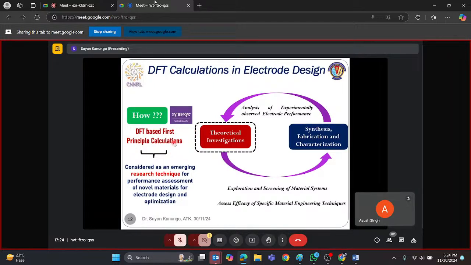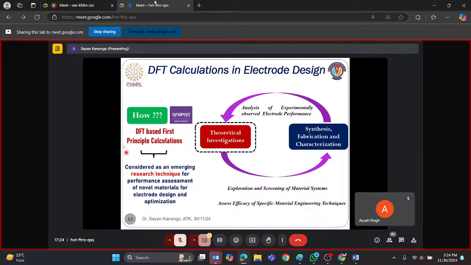Since the name suggests first principle or ab initio calculation, the user just has to specify the details of the material system, namely its elemental composition, crystal type, and thereafter the density functional theory based first principle calculation can calculate a number of relevant properties associated with the material system.